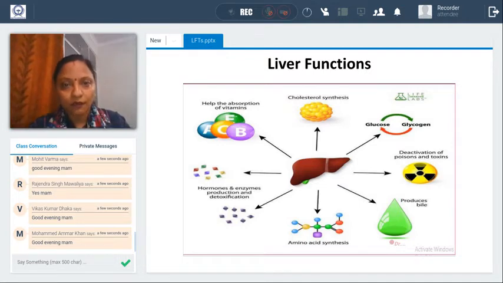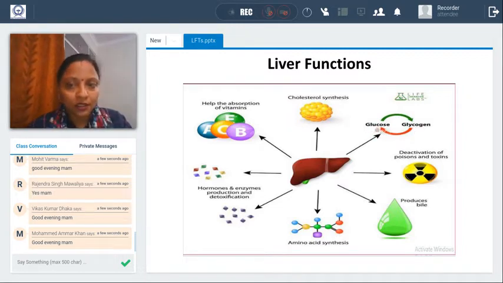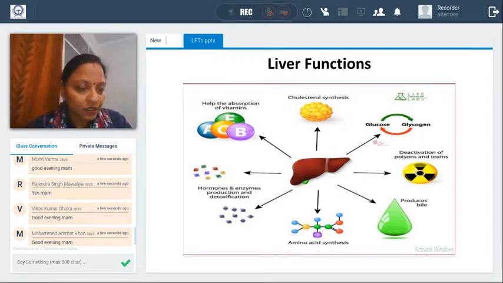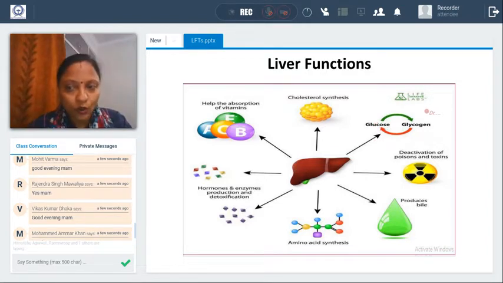This diagram shows the various functions of liver which are very important, like cholesterol synthesis. You all know the conversion of glucose into glycogen and again glycogen into glucose. Glucose converting into glycogen is called glycogenesis.